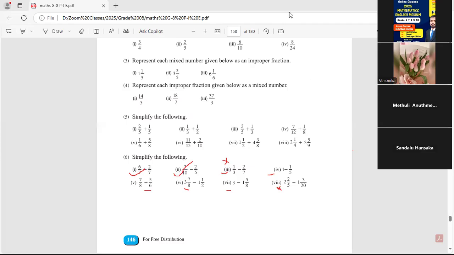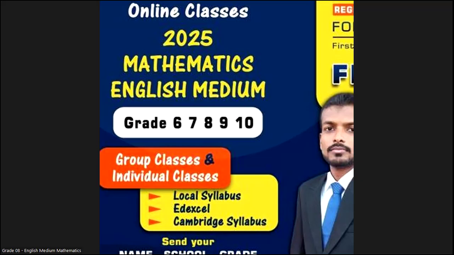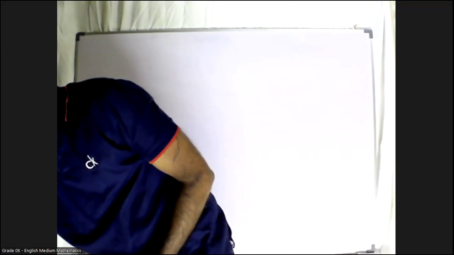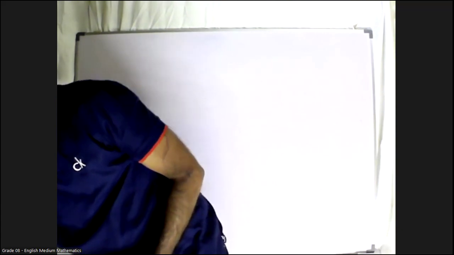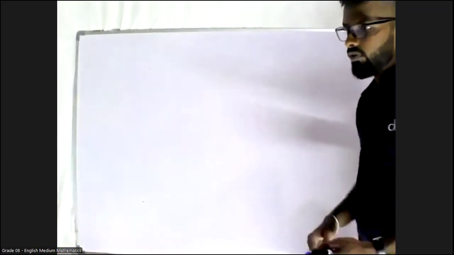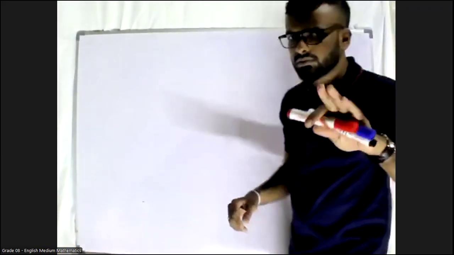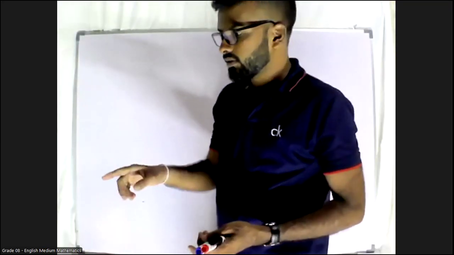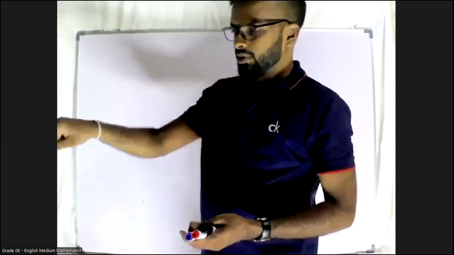So I will stop sharing and let's get back to the lesson. Right. Right. So I will do the question, right? So third one. So I think you will be having problems when you have mixed numbers, right?